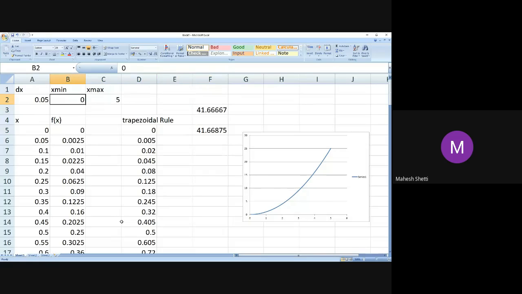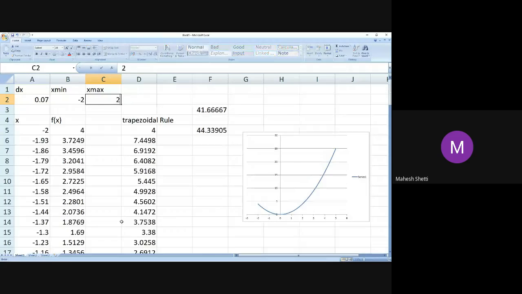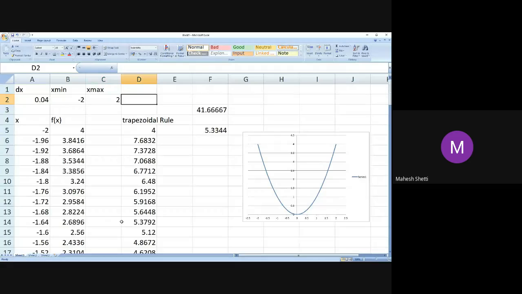I can take the limit from, say, -2 to +2, and of course I will have to recalculate this. It is going to be x cube divided by 3 again, upper limit minus lower limit. The upper limit x cube is 2 raised to 3, which is 8.